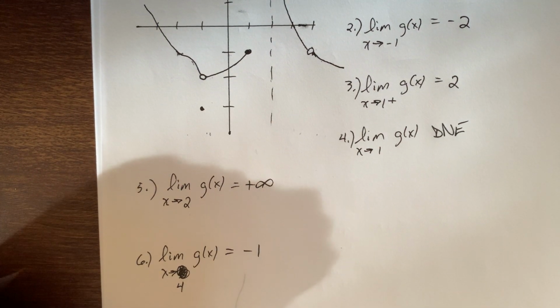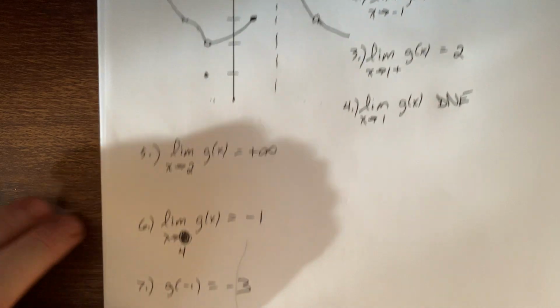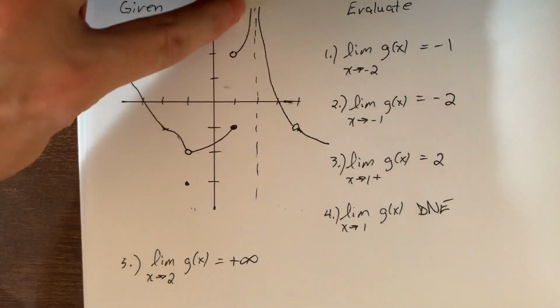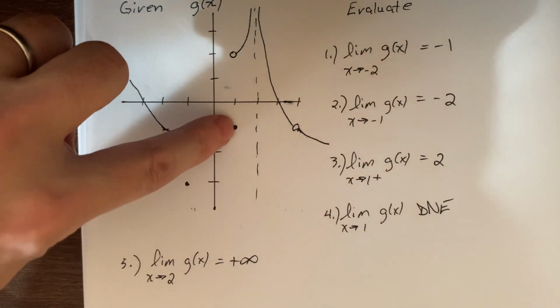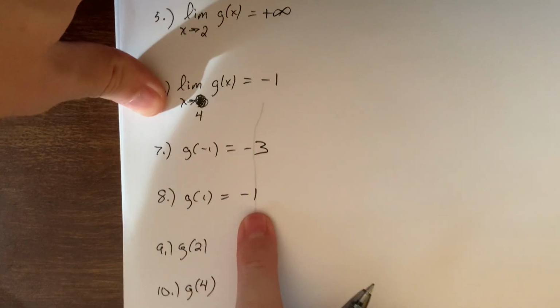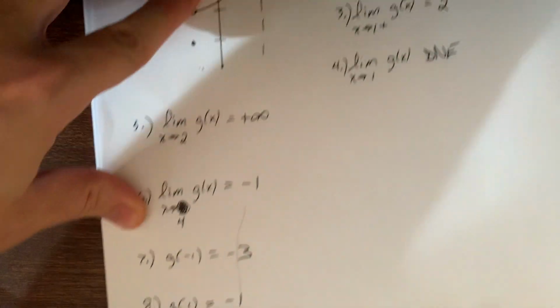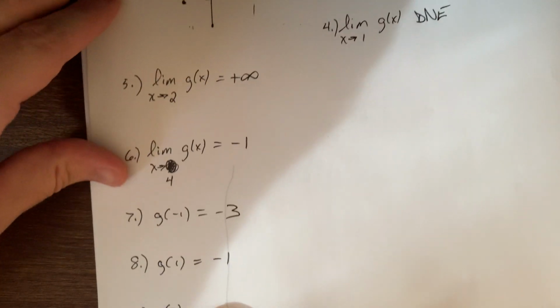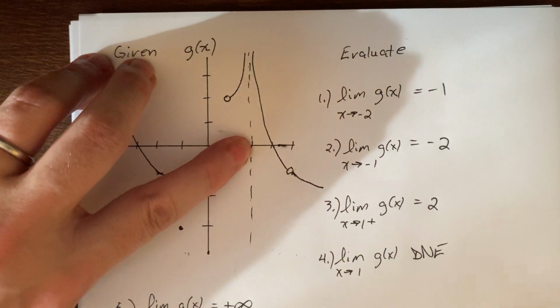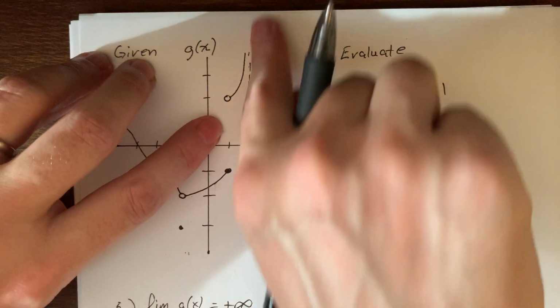Next, g of 1, again, no more left or right. Go directly to x is 1, look up and down, and there's the filled in point. The y is -1. Number 9, g of 2, go directly to x is 2. There is no point.